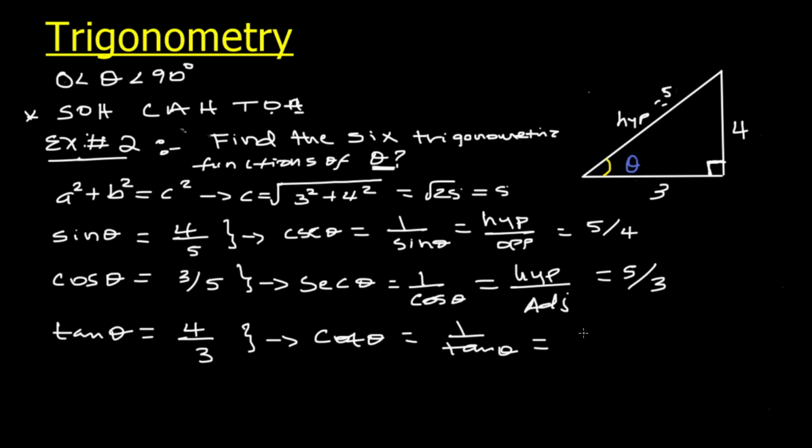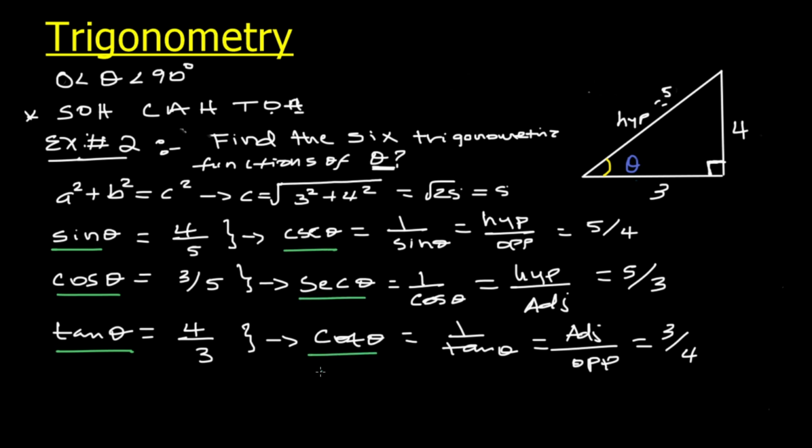This is the adjacent, 3, divided by the opposite side, 4. Now we have our sine, cosine, and tan, and their corresponding reciprocal relationships.